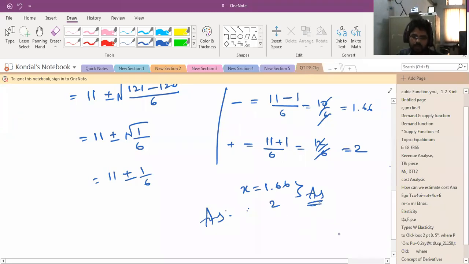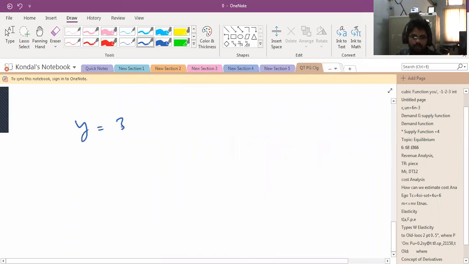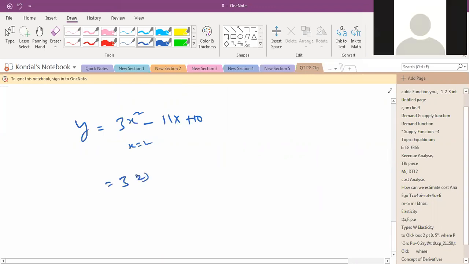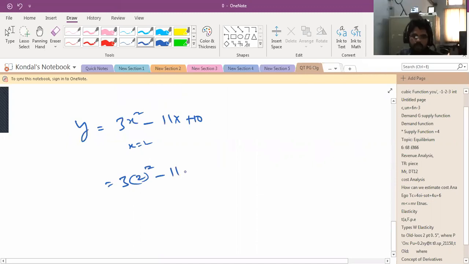So here you can substitute the values in the given equation. For example, let me check. y is equal to 3x square minus 11x plus 10. Substitute x is equal to 2: 3 into 2 whole square minus 11 into 2 plus 10.